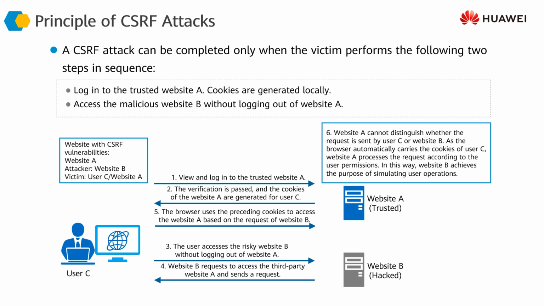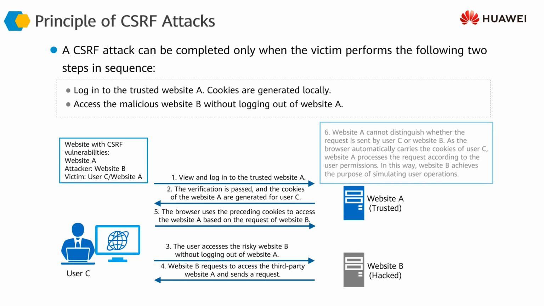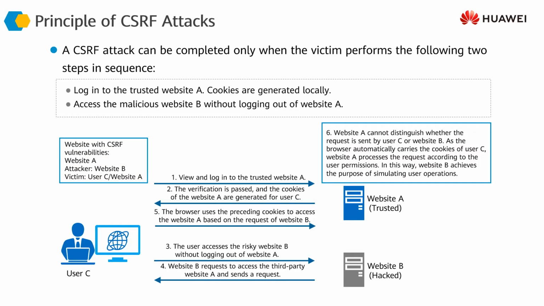This website sends a request through the user to the original website. As you can see, the browser uses the preceding cookies to access website A based on the request from website B. So the hacker is using website B to send a request through the user, and the user's established session with website A is being used to perform a certain function on website A. If it's a bank's website, the hacker can send a request through the user to the bank website to transfer, let's say, $1,000 to the hacker's bank account.